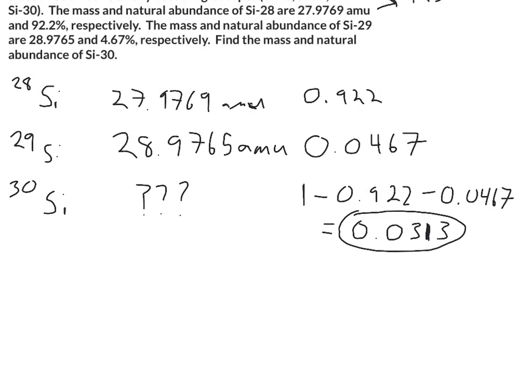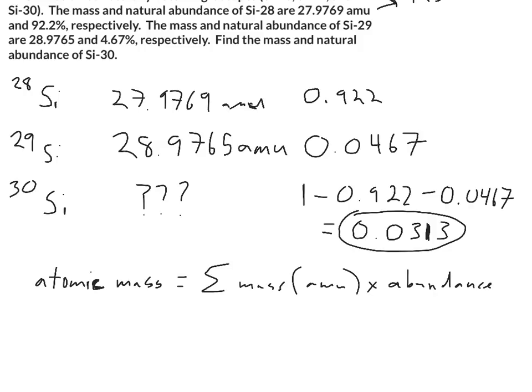Now we go about solving the problem. Pause to write the formula. You have to know this formula in order to do these types of calculations. So each isotope, we have 3 isotopes. We will need 3 terms in the summation.